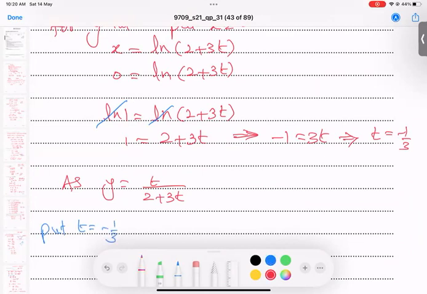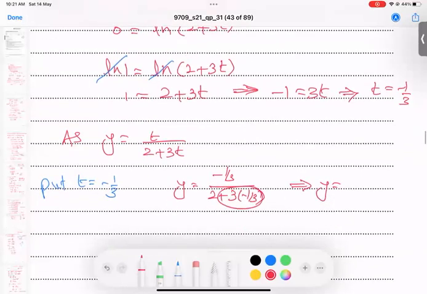When I put it here, the y value becomes -1/3 over 2 plus 3 times -1/3. It is very visible, very clear: this is a 3, and the 3 cancels out. When the 3 cancels out, I get -1. And it means -1/3 over 2 minus 1. Ultimately the y value is becoming -1/3.